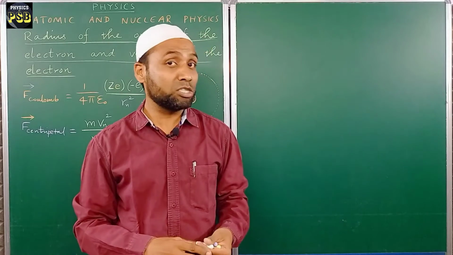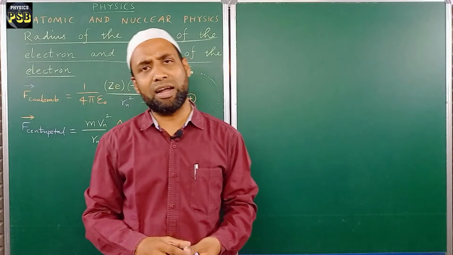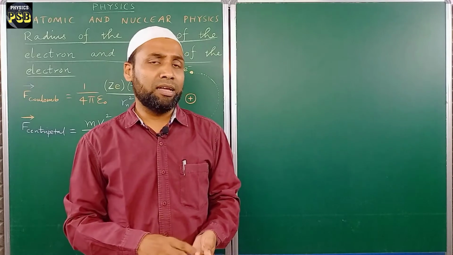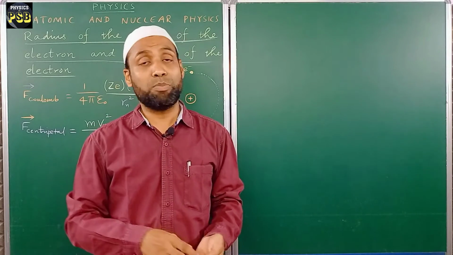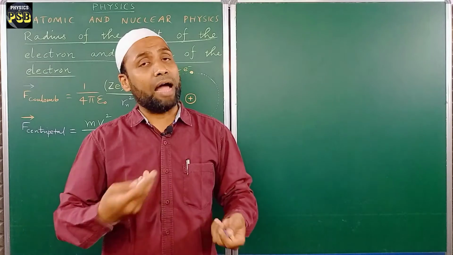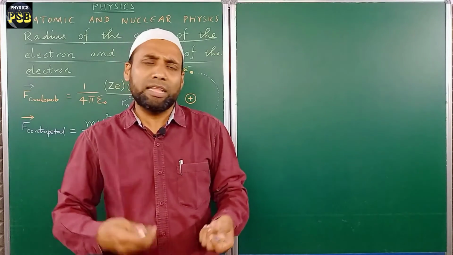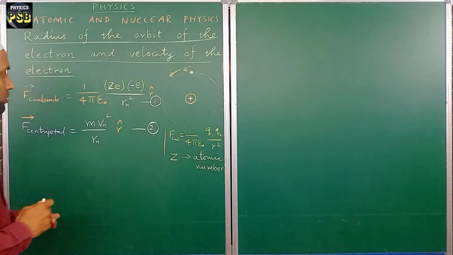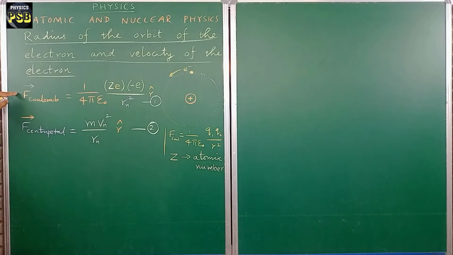There will be no existence of atoms. But in nature we find that atoms exist. That is why everything in the universe is present. If atoms collapse, nothing will remain. So this shows that these two forces are equal to each other.